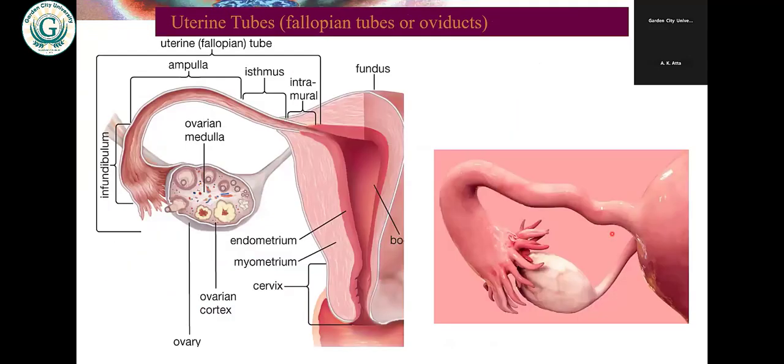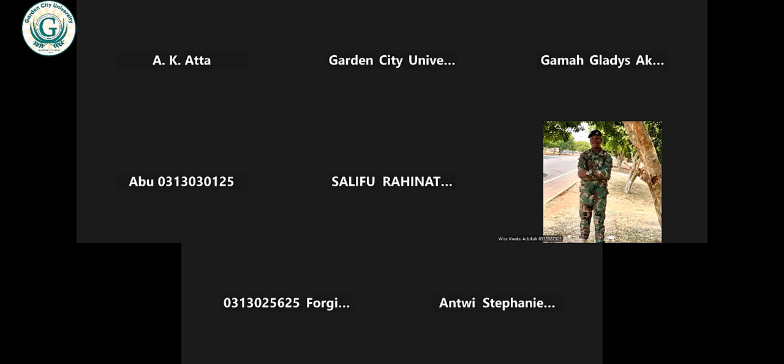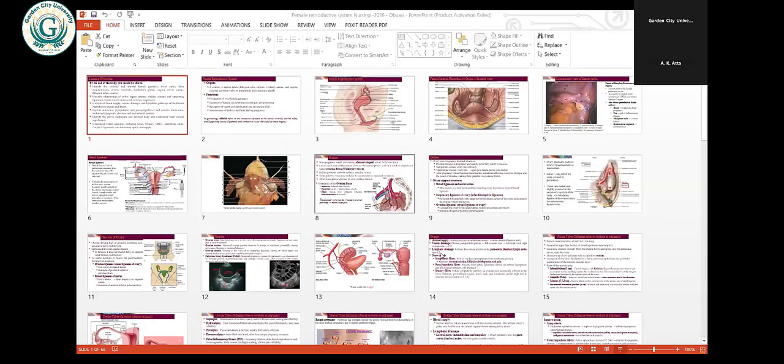Now, in terms of the innervation, what I want you to remember is that because we are looking at smooth muscles and glands, then we should be thinking about the autonomic nervous system.